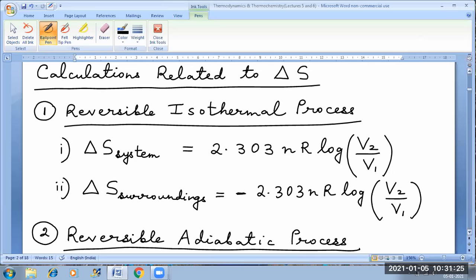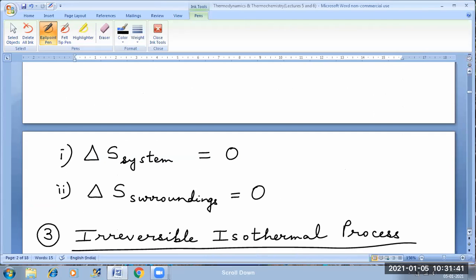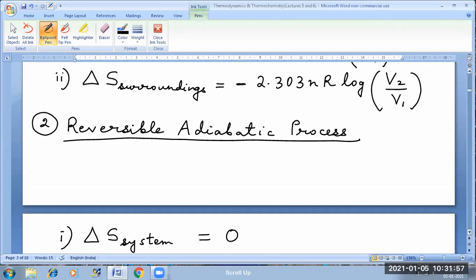We derived this just now: delta S system and delta S surroundings for a reversible isothermal process, where I told you that delta S system plus delta S surroundings is 0. For a reversible adiabatic process also, there is no heat gained or lost, so delta S system is 0, delta S surroundings is 0, and 0 plus 0 is also 0.